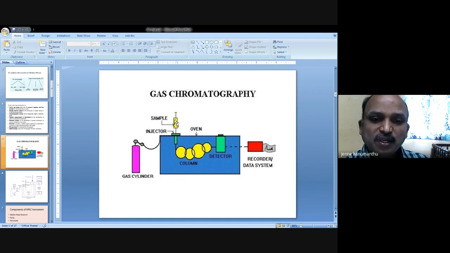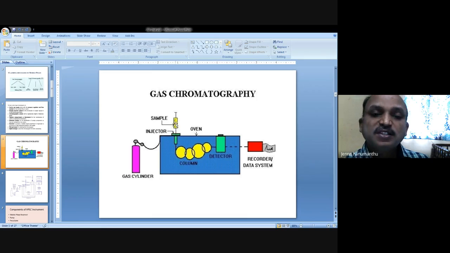This sample is carried by the mobile phase, the gas, into the column. The gas will carry the sample, so the total mixture is available in the column along with the gas.